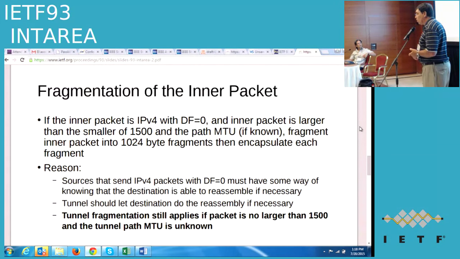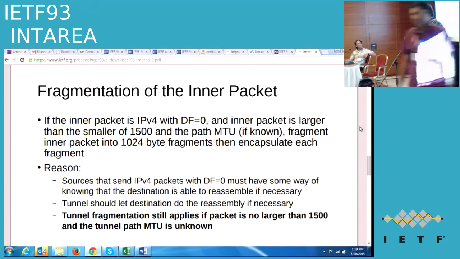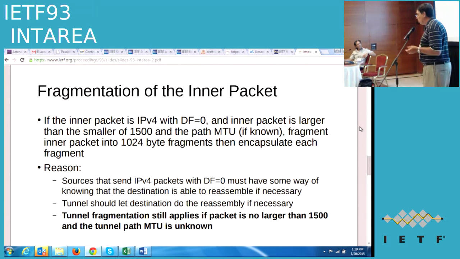So the fact that the tunnel is the one doing the fragmentation is immaterial. There needs to be some contract by which the source knows that the destination can reassemble these packets. But if the packet's no larger than 1500 bytes and the tunnel path MTU is unknown, we'll still have tunnel fragmentation. So we would have fragmenting of the inner packet and fragmenting of the tunnel packet, both. Next chart.